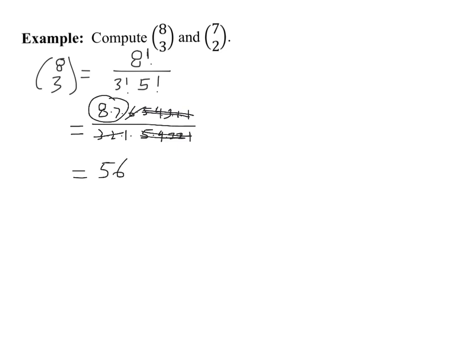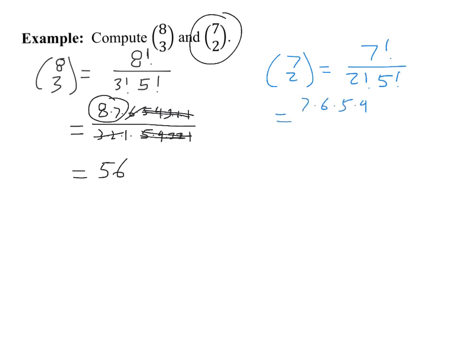If you haven't already done the combinatorial coefficient for 7 and 2, go ahead and pause the video and do that one now. When we do 7,2, we will have 7 factorial over 2 factorial, 5 factorial. Similarly here, 7, 6, 5, 4, 3, 2, 1.